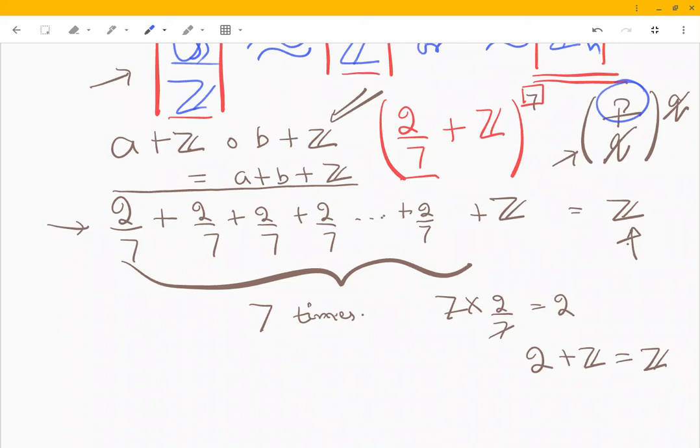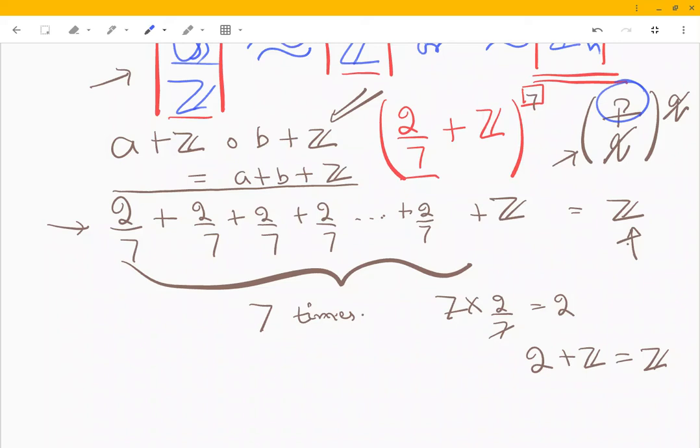So what was the purpose of this? The purpose of this was to ascertain that every element in this set will have an order equal to the denominator, right?